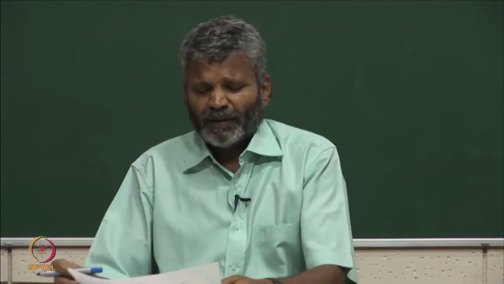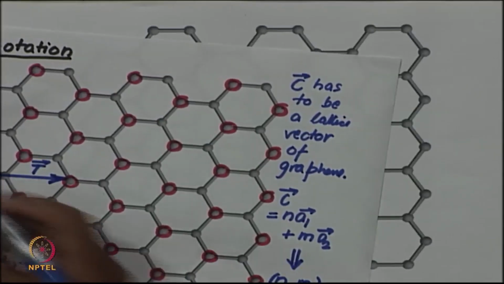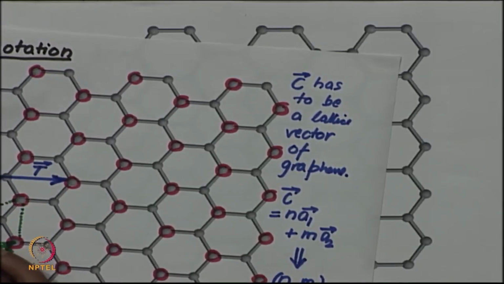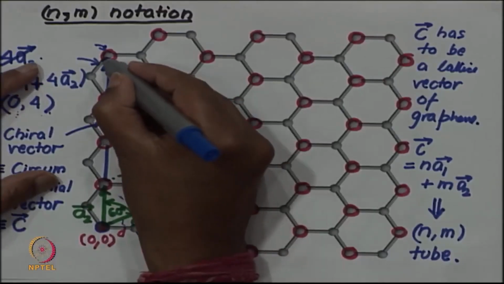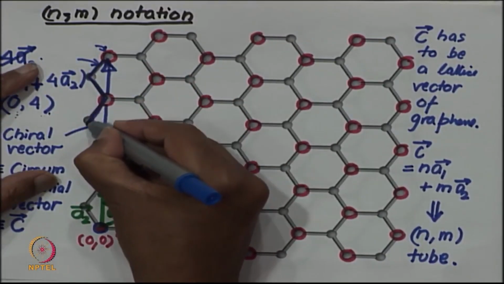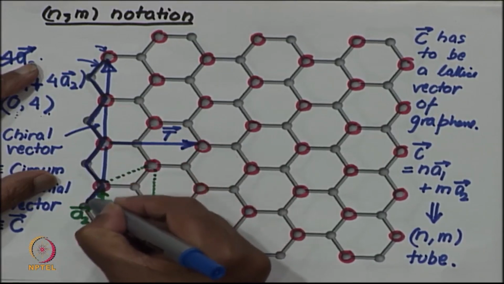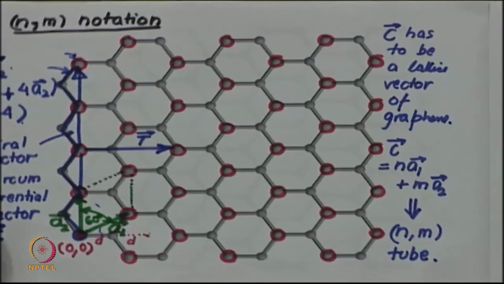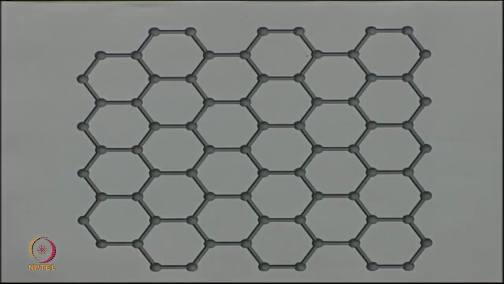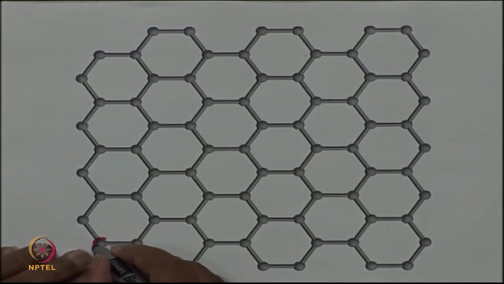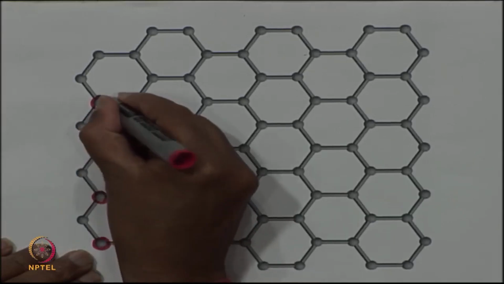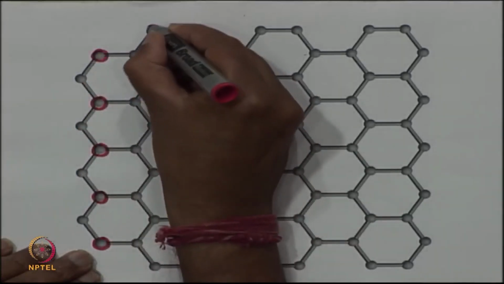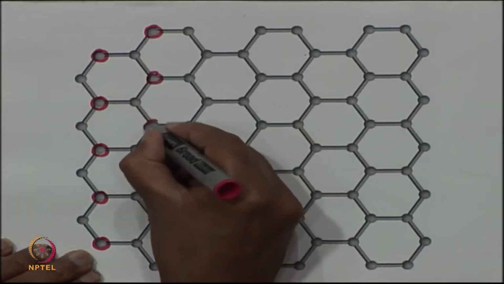So, you can see that if one of the components is 0, so a 0 4 tube, this time we are getting a zigzag tube, because you can see the zigzag structure along the circumference. If you want an armchair tube, you will take a different chiral vector and it will have a different NM designation.